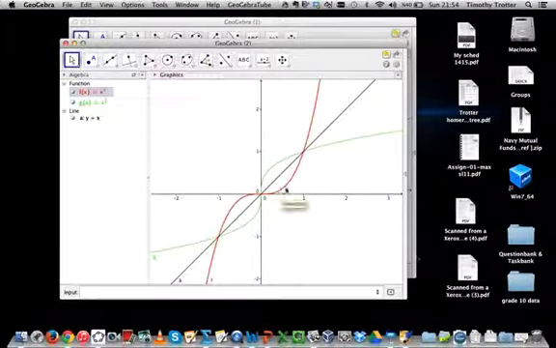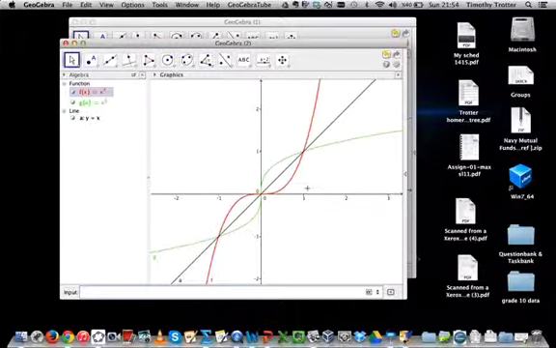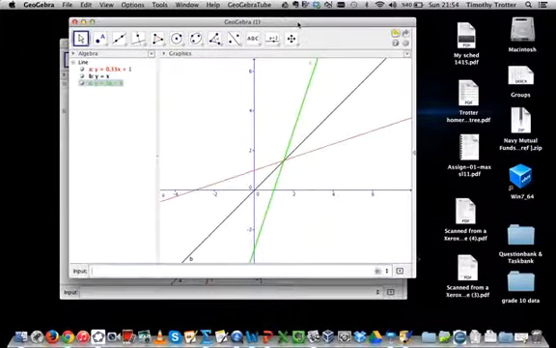So if I find a point here, like that's 3 and then 2. Okay, so on the red line I go 3, 2.